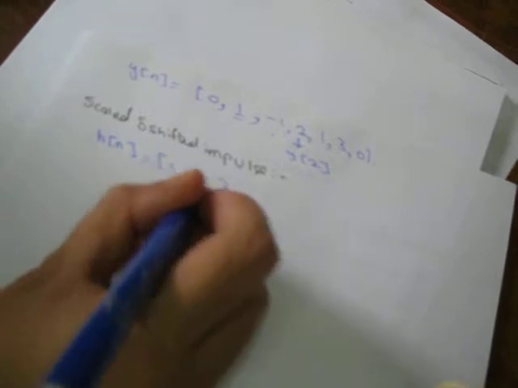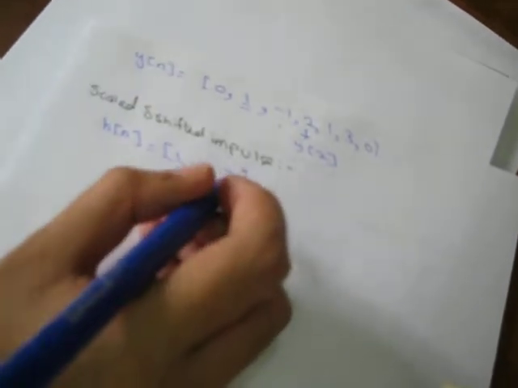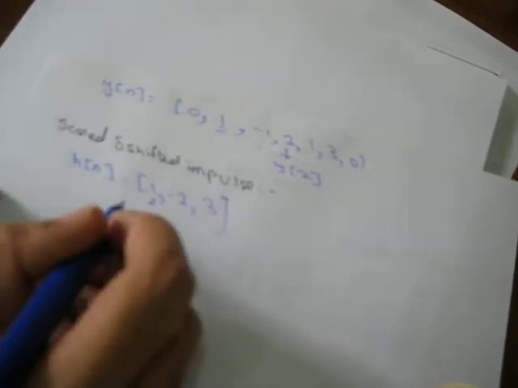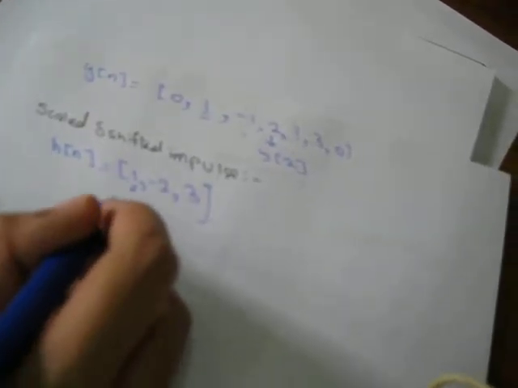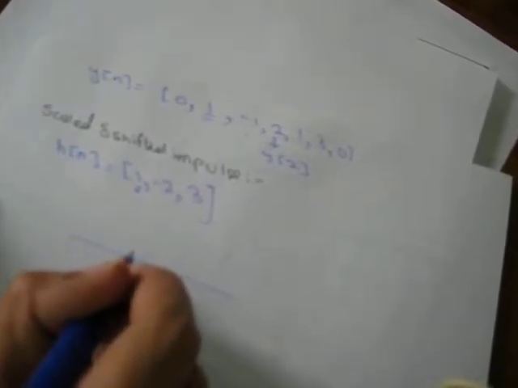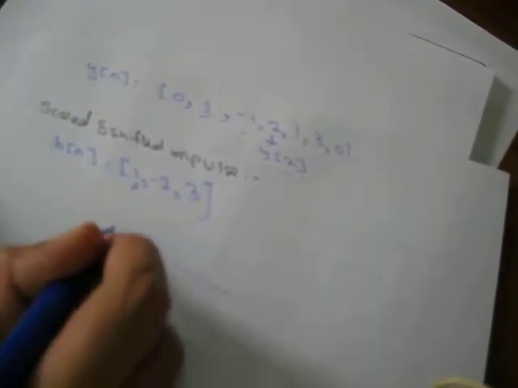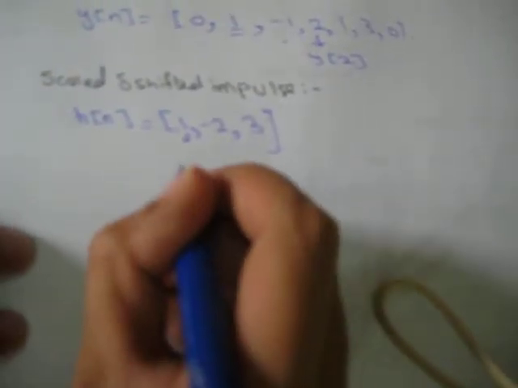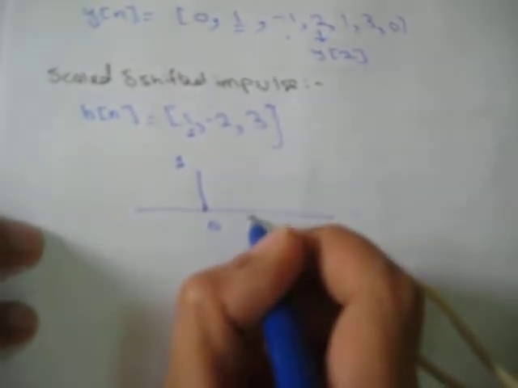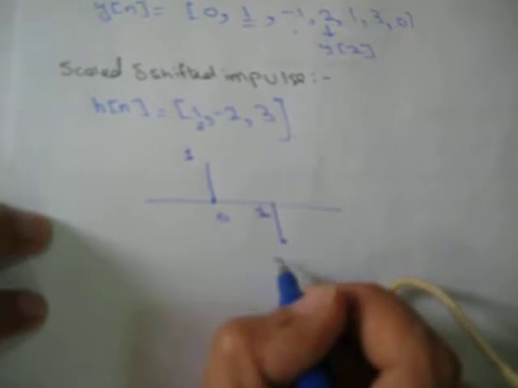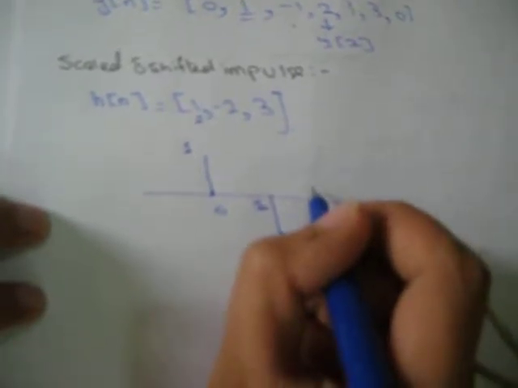This is our index. Plotting h of n, h of 0 will be 1, h of 1 will be minus 2, h of 2 will be 3.